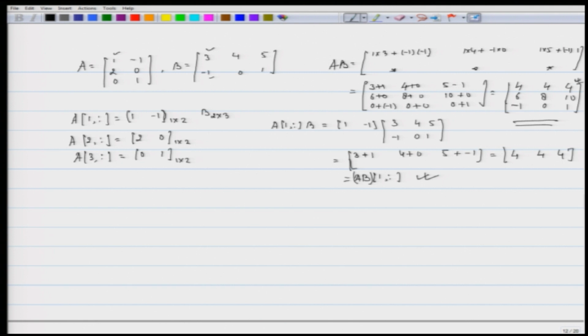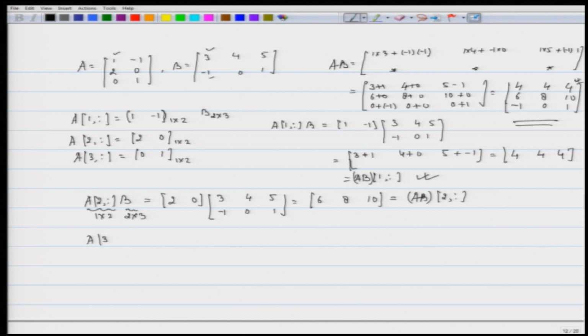Similarly, let us look at the second row of A multiplied by B, because this is 1 cross 2, B is 2 cross 3. So, this matrix multiplication makes sense. So, it is 2 0 times 3 4 5, minus 1 0 1. I am multiplying 0 to the second row and 2 to the first, so it is 6, 8 and 10. Check that this is also equal to the second row of AB.